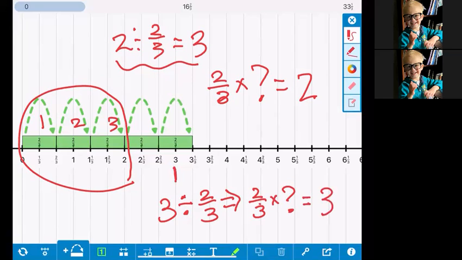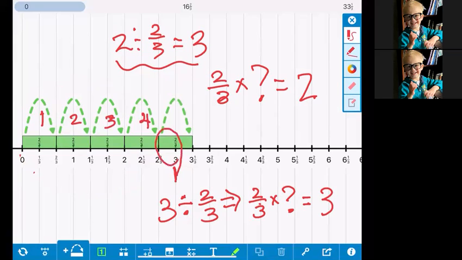And now maybe it's not so clear. So we can see it goes in 1 time, 2 times, 3 times, 4 times, and then not a whole time, a half of a time. So this 3 divided by 2/3 equals 4.5.